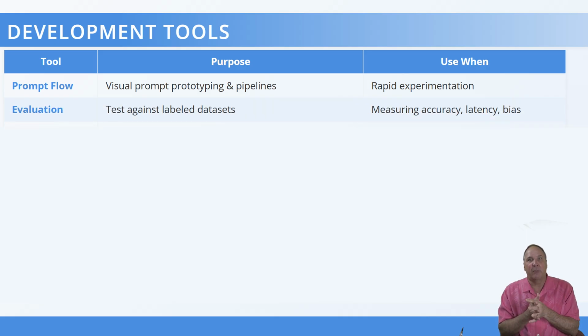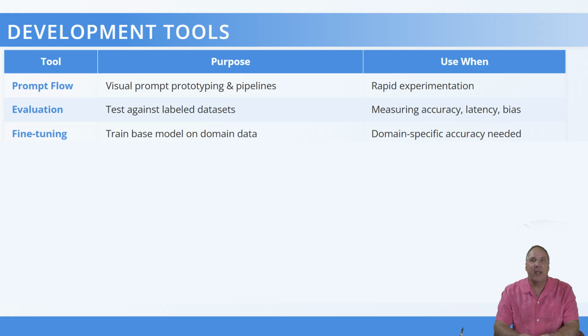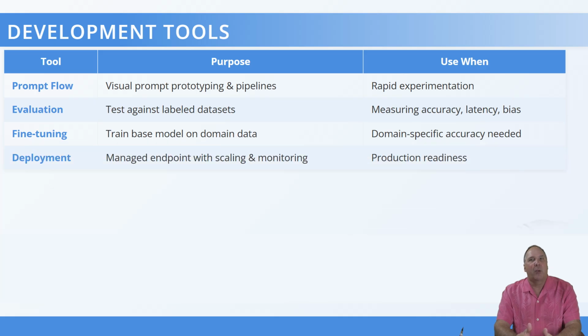Evaluation tools test the model performance against labeled data sets, measuring accuracy, latency, and bias before production. Fine-tuning tools train a base model on your domain data. Upload examples, configure the job, and Foundry handles the compute. Deployment tools publish your model as a managed endpoint with scaling, access controls, and monitoring built right in.